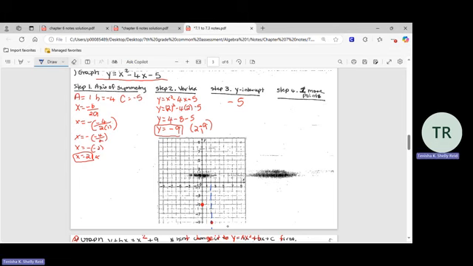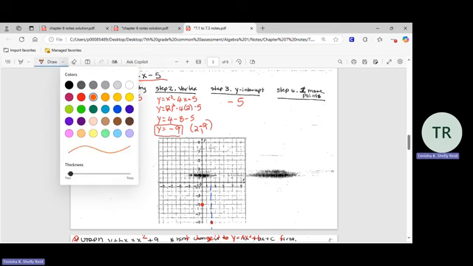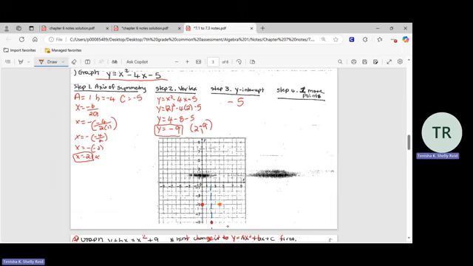So now that I know my y-intercept is at negative 5, I need to reflect it across the axis of symmetry. So if it's 2 units away, it's going to be 2 units away on the other side. I have the basis for my parabola. To get an extra point, if you would like it, you're going to pick another domain, another x value.